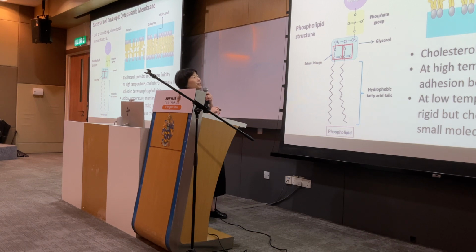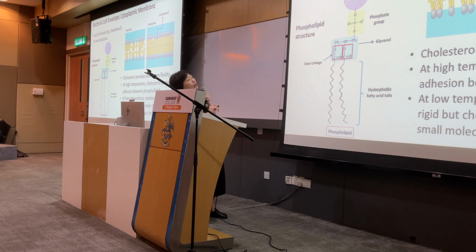At low temperature, it becomes frozen and very rigid, easy to be damaged. What cholesterol does in eukaryotes is make it fluid and not so rigid. It provides the fluidity to the cell membrane.